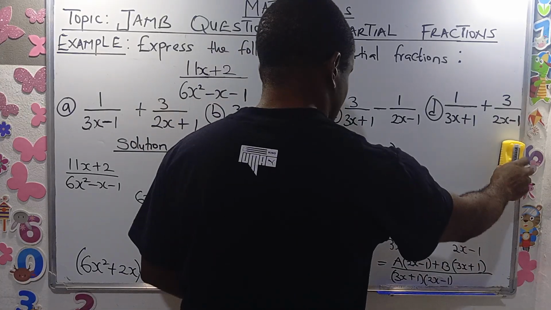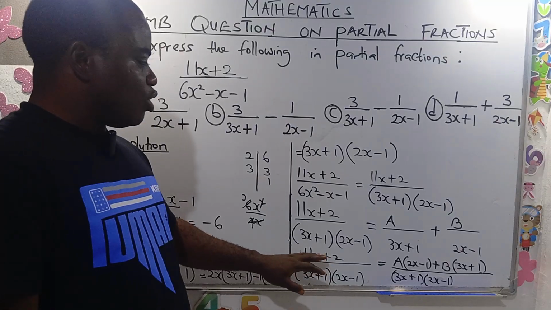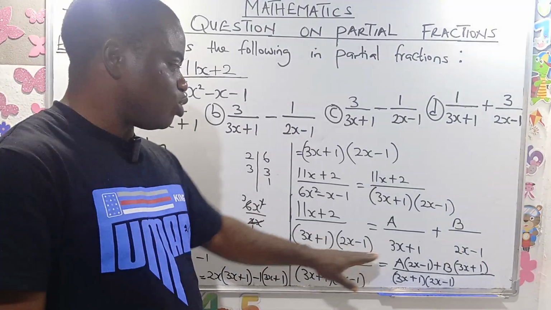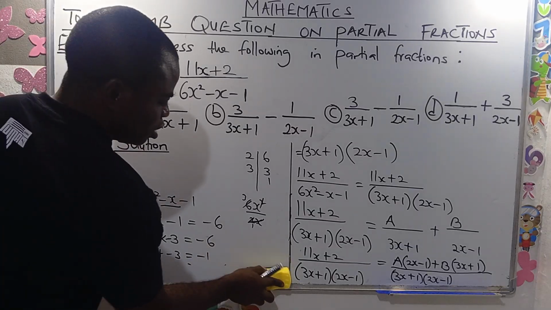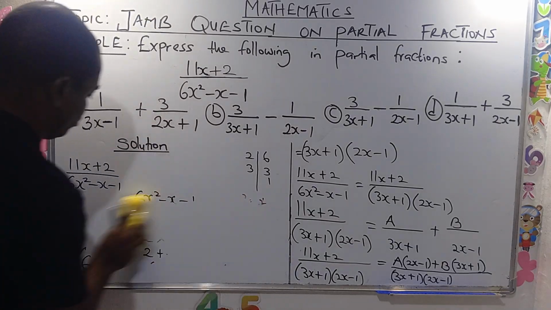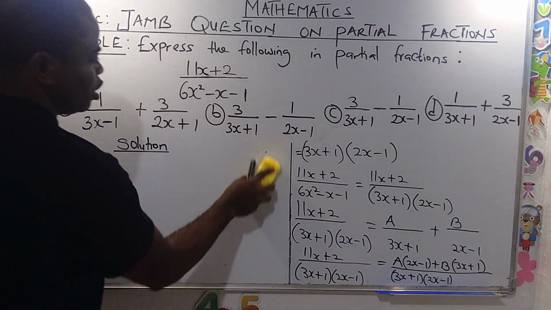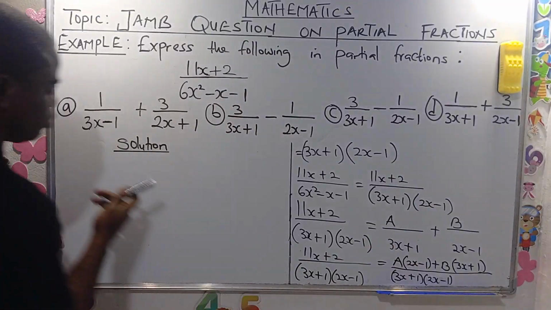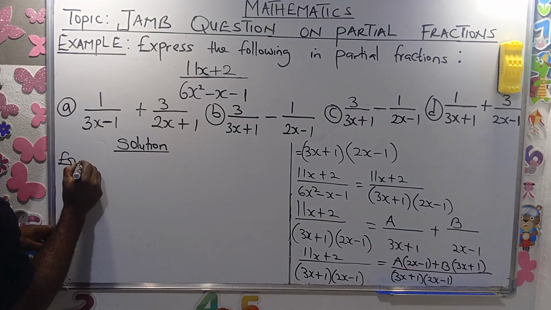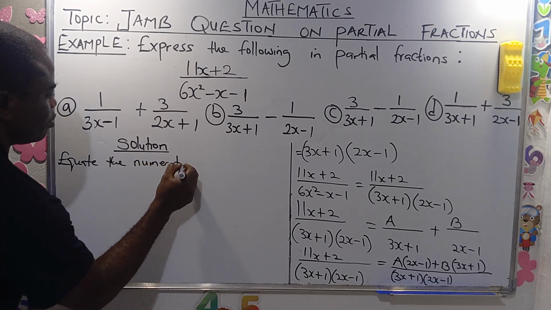At this junction, since you have simplified to this form, you now concentrate on the numerator. You equate the numerator.